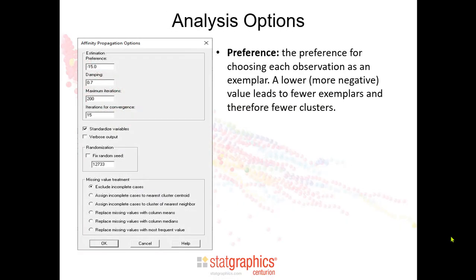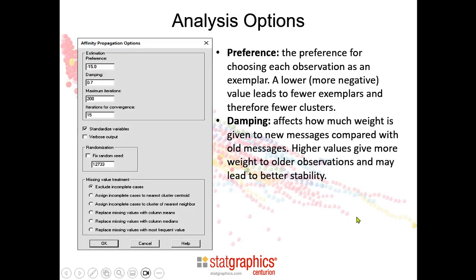There are two main options that need to be set when you run an affinity propagation. The first option is called preference. Preference indicates how suitable an observation would be to be an exemplar. A lower, that is more negative value, leads to fewer exemplars and therefore fewer clusters.